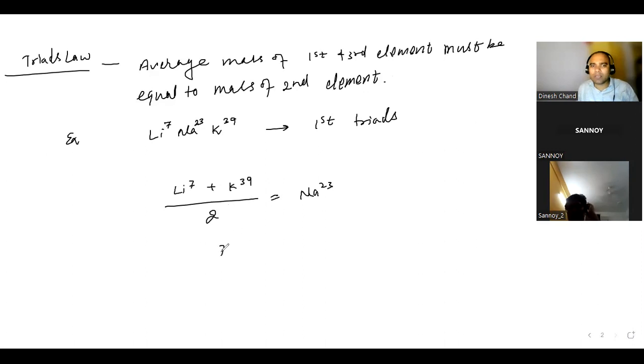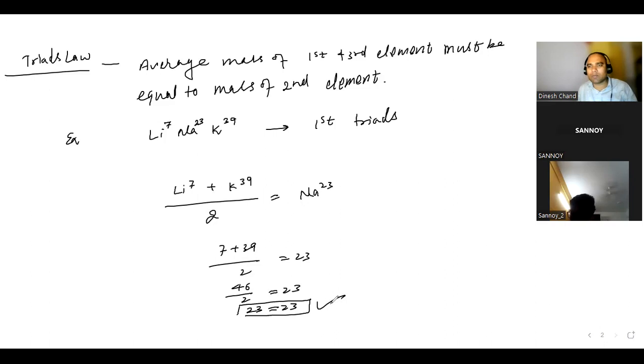Here, 7 plus 39 divided by 2 is 46 by 2, which equals 23. So 23 is equal to 23. The average mass of first and third equals the mass of second. This was the law.